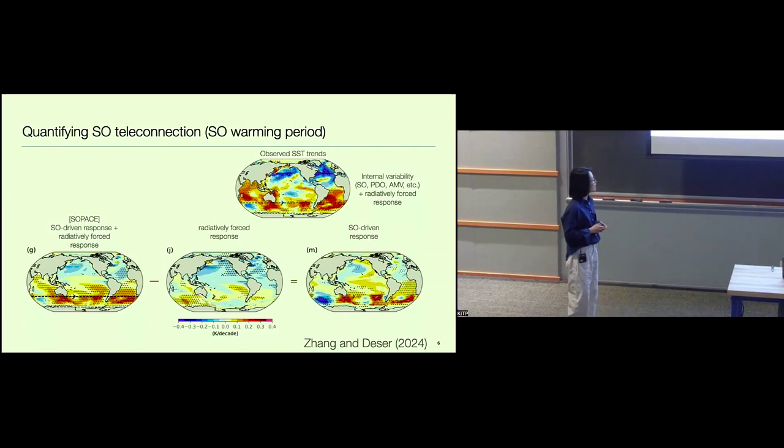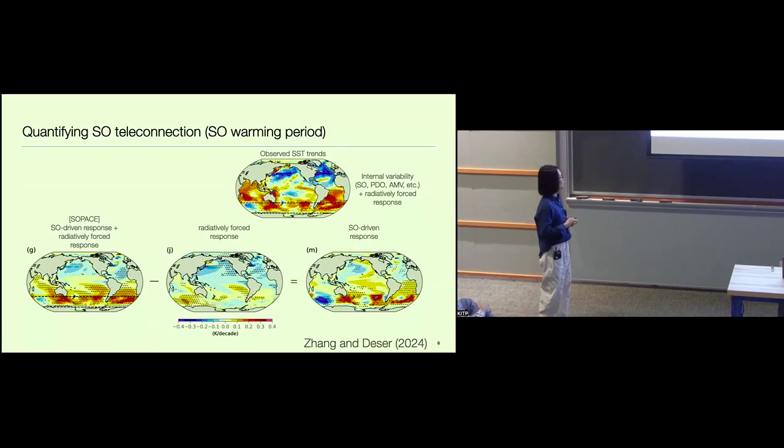So we can do the same for the earlier period, the Southern Ocean warming period, and I'm just showing all these panels. So again, observation, the actual Southern Ocean pacemaker experiment ensemble mean, and you see a very strong asymmetry in the hemispheres' SST trends, and that's mostly coming from the radiatively forced response. And again, I think this is related to aerosol forcing in this earlier period, because it's from 1949 to 1978.